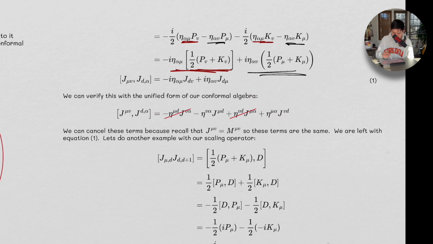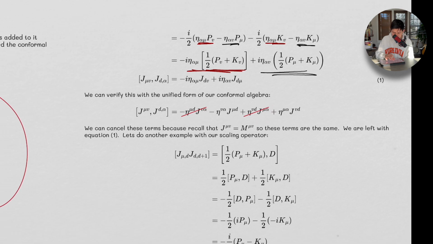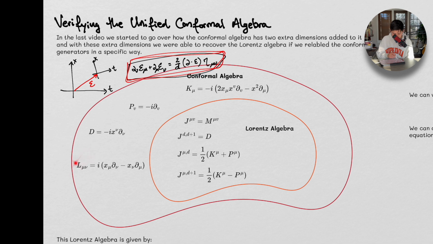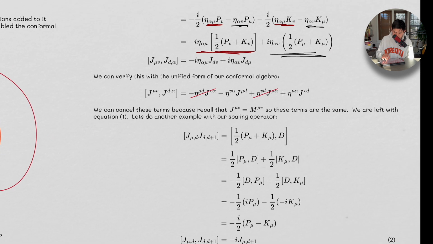All right, we can see that these guys are going to cancel because J mu nu again is just mu nu, so mu alpha, nu alpha, these guys are essentially going to be the same, right? Because this is just this guy right here, and so they'll cancel.